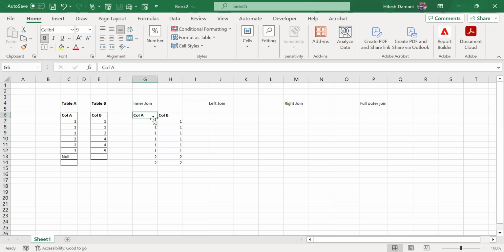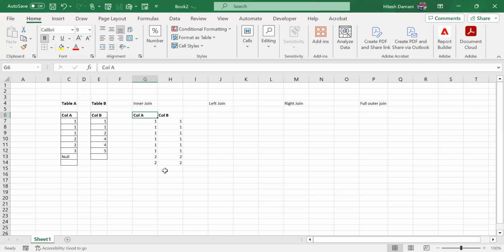Now, most of you might be thinking we have one more record which is common between these two tables, which is this blank. We can see blank is appearing in this table as well as in this table, so this could also be part of the inner join, right? But this is really very important, which we should keep in our mind: blank is nothing but a null value in SQL, right? This is considered a null value.